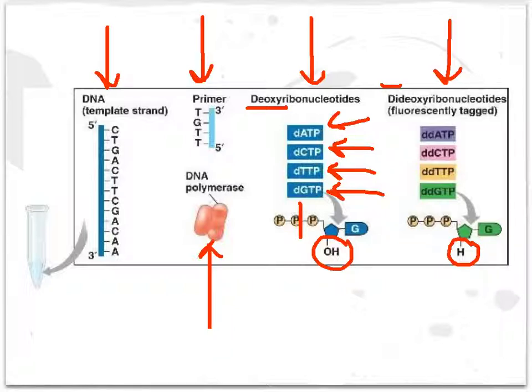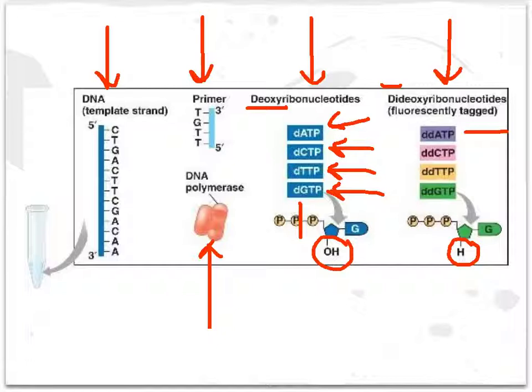What's special about this now is the hydroxyl group specifically is what allows one nucleic acid to bind to another nucleic acid, or one nucleotide to bind to another nucleotide. So what happens is if you incorporate a di-deoxyribonucleotide, it will ultimately stop the polymerase, or the polymerization of that strand of DNA.